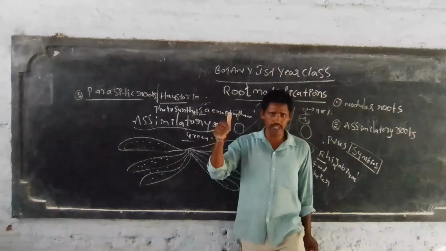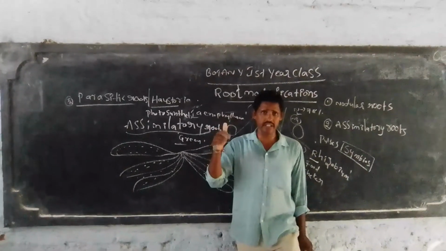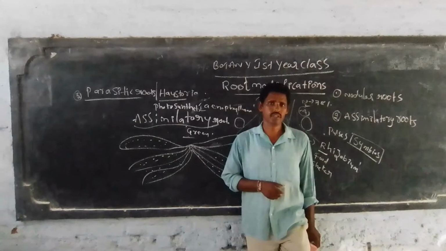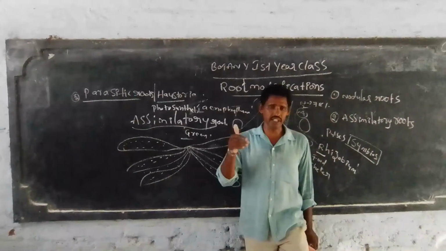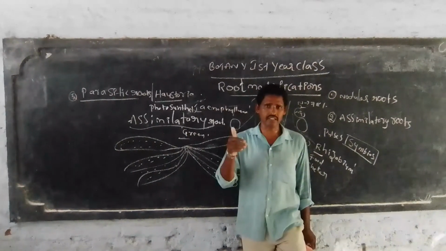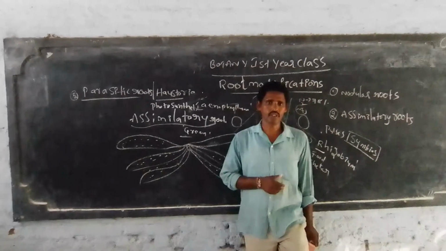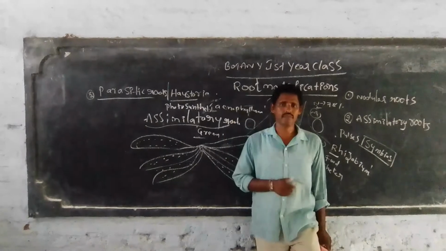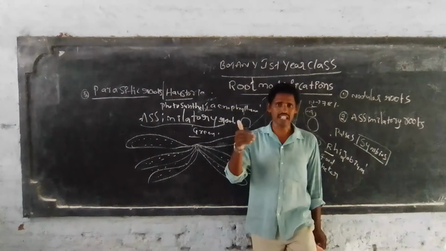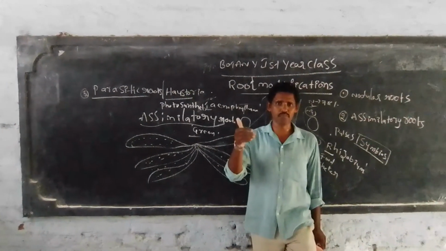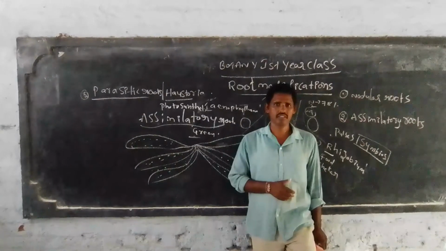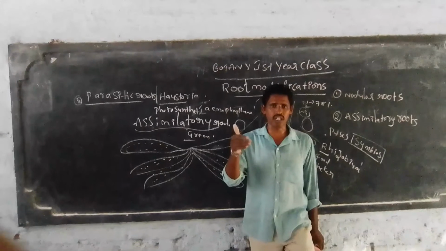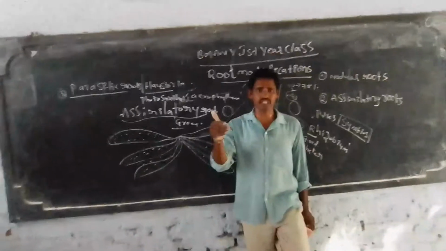Storage roots: examples are carrot, radish, beetroot, sweet potato, adventitious root, asparagus, fibrous roots. Prop roots: banyan tree. Stilt roots: maize and sugar cane. Breathing roots: Rhizophora and Dalbergia.